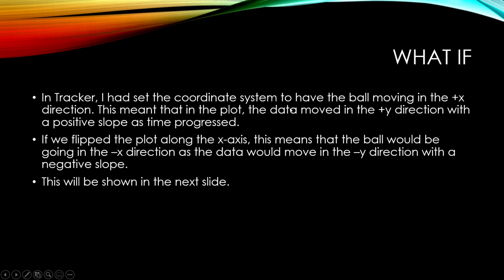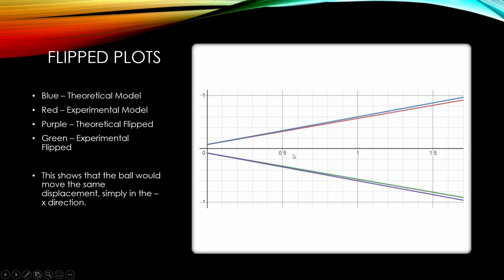In Tracker, I had the coordinate system set up so that the ball was moving in the positive x direction, so that when it plotted, the data would be going in the positive y direction and have a positive slope as time progressed. If we flip the plot over the x-axis, this would mean that the ball would be going in the negative x direction, and the data would have a negative slope, which can be shown right here.